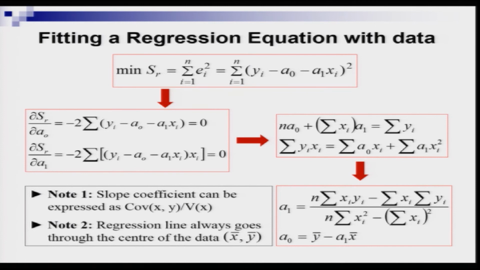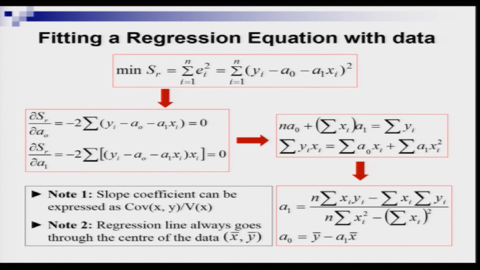And the second note corresponds to the estimate for the unknown intercept parameter A0, and by looking at the expression for the estimated intercept parameter, you can very well see that the fitted regression line always goes through the center of the data.